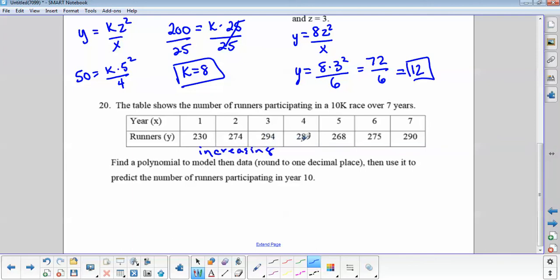Then 294 down, it starts decreasing. Down to 268, and then it's increasing again. So if you look at that shape, increasing, decreasing, increasing, it has two turns, which would make it a cubic, third degree.